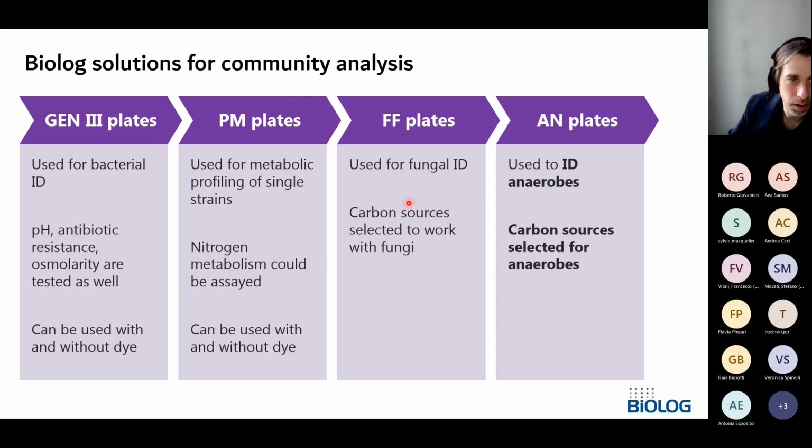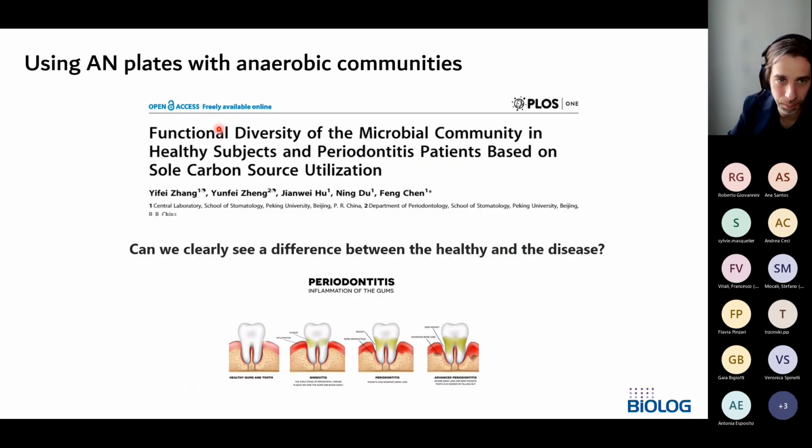And all these different plates have different features. So the scientists decided to use them. There are plenty of examples. I'm just going to show you one here.